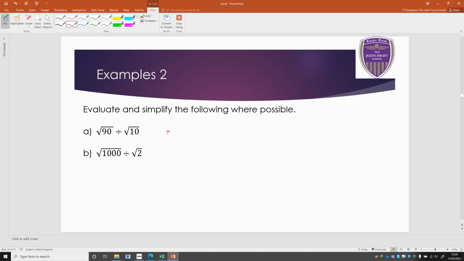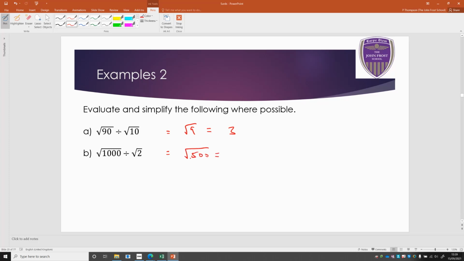Okay, welcome back. Well, hopefully you can guess how to do these now, because remember, if we're multiplying two surds, we just multiply the numbers as normal and put it as a surd. Same for dividing. So 90 divided by 10 is 9. This is root 9, and root 9 is lovely, it's 3. And this one here, 1000 divided by 2 is 500.